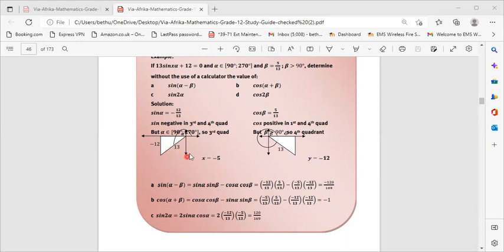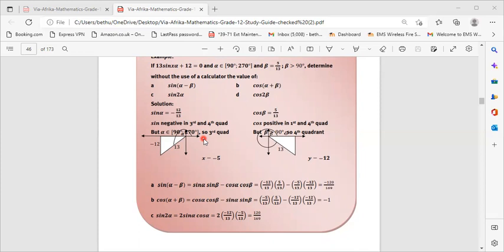So now sine alpha is equal to, again, those ratios that we talked about: the opposite side divided by what? Hypotenuse. So friends, draw yourself a Cartesian plane. In your Cartesian plane, sketch a right angle triangle in the third quadrant, right?